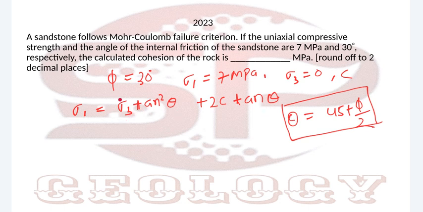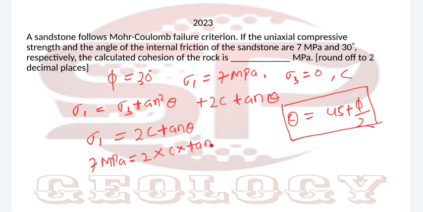Then sigma 3 is 0, so for uniaxial compressive strength it will become sigma 1 equal to 2c tan theta. Sigma 1 is given as 7 MPa, so 7 MPa equals 2 into c into tan 60 degrees, because phi is 30, so 30 by 2 plus 45 will be 60 degrees. So c will be 2.0.